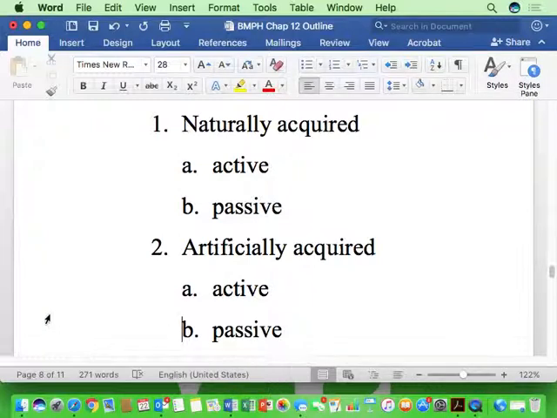And what these do then is they give you a borrowed immunity. They usually only last about 2 or 3 weeks, but they give you a borrowed immunity until your immune system can kick in. So it's after exposure to like an antigen? Yes.